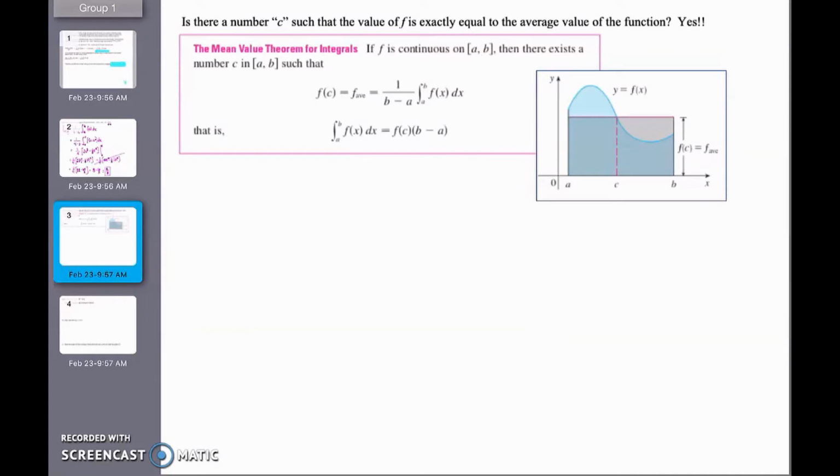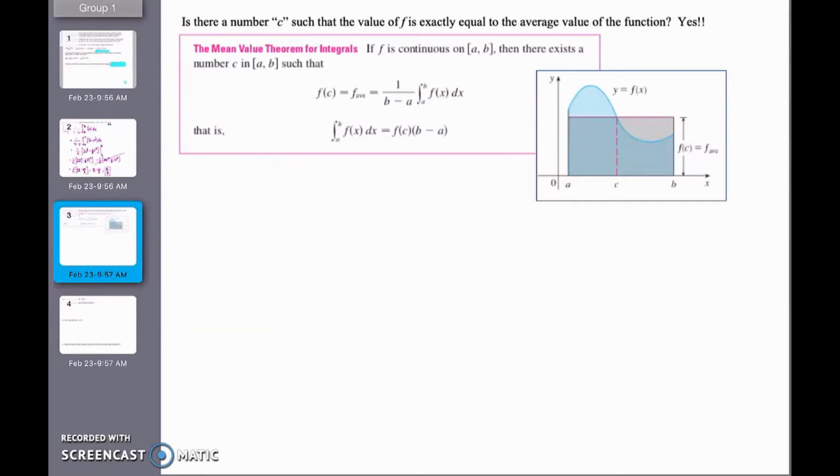If f is continuous on some interval [a, b], then there has to exist some number c in our interval a to b, such that f of c, the value of the function when you plug c in, is equal to our f average, the value that we calculate. And if you look at the picture here, you can see that makes sense, that there should be some value c.